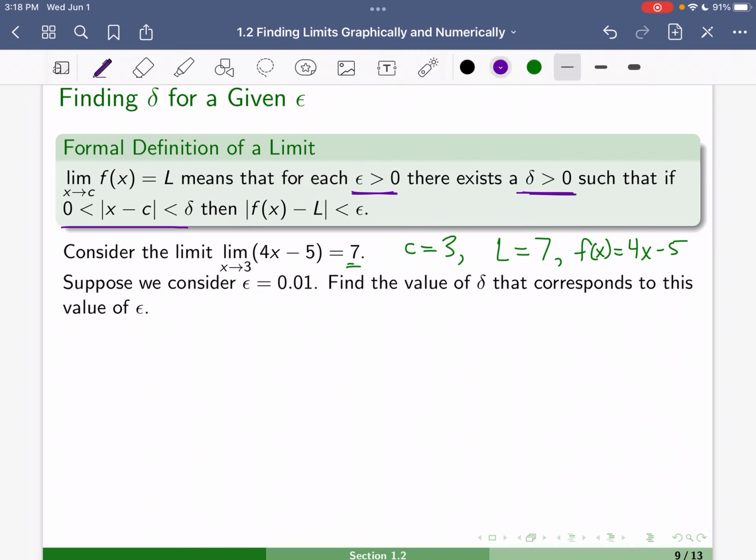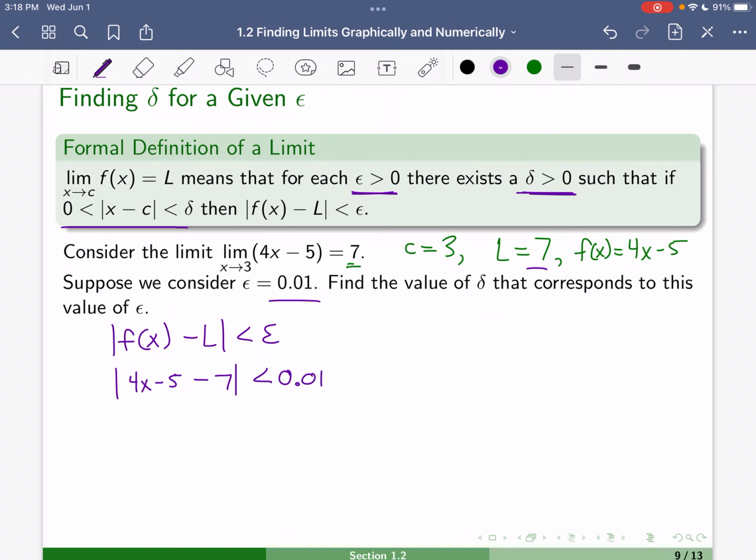So we have the absolute value of f of x minus L is less than epsilon. In this case, f of x is 4x minus 5, the value of L is 7, and the value of epsilon is 0.01.